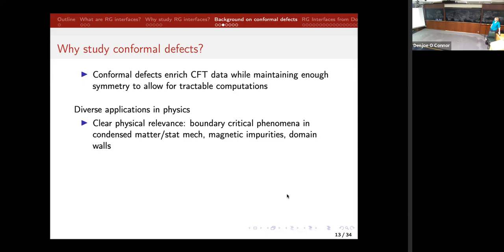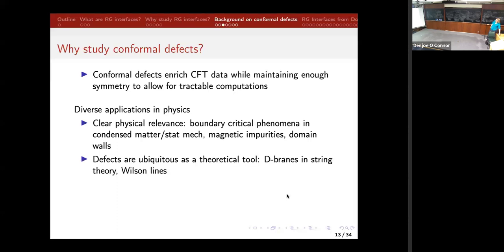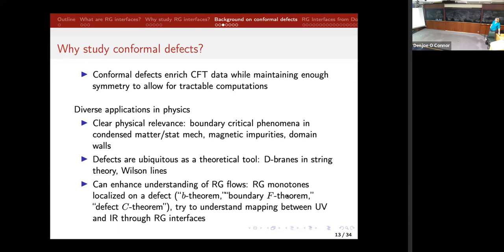There's clear physical relevance from a condensed matter and StatMech perspective, because it could be boundary critical phenomena or magnetic impurities or domain walls. And then as a theoretical tool, D-branes are boundary conformal field theories, where, as I described just now, it can enhance our understanding of RG flows.